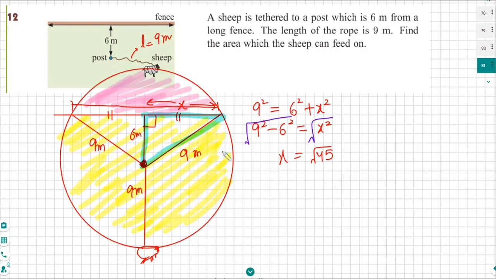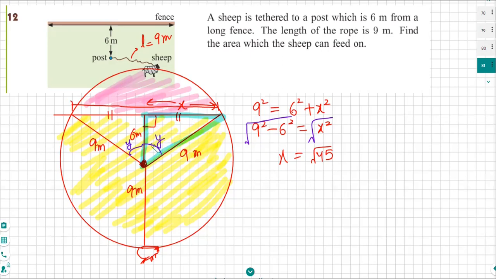So first of all, we'll be finding the angle to find the sector area. Got it? So how to find? I'm finding this angle from this triangle, and obviously this must be equal to this one. So if I say this angle is y, this should be y as well. How to find the value y? We have two lengths, 6 and 9.